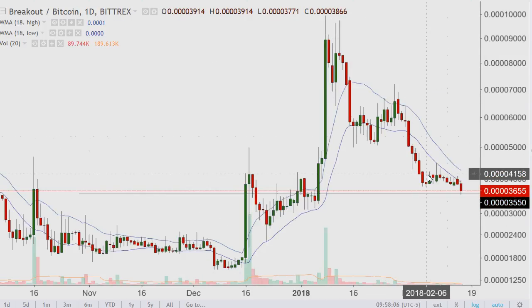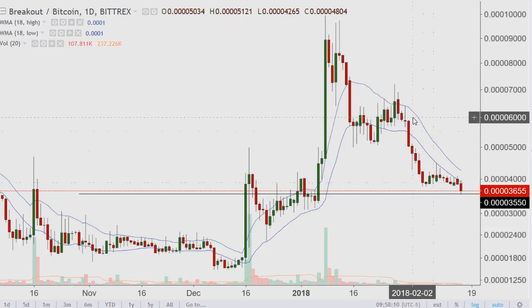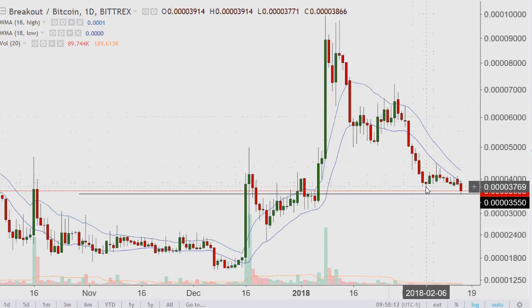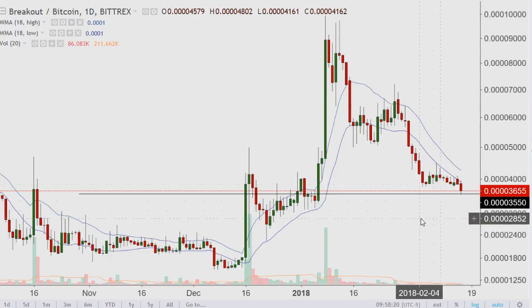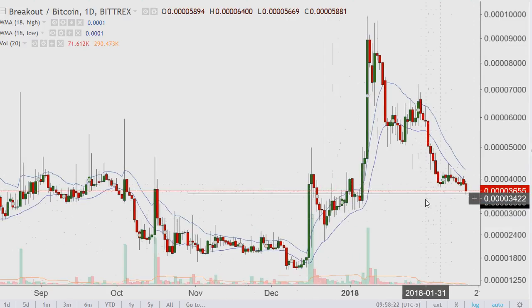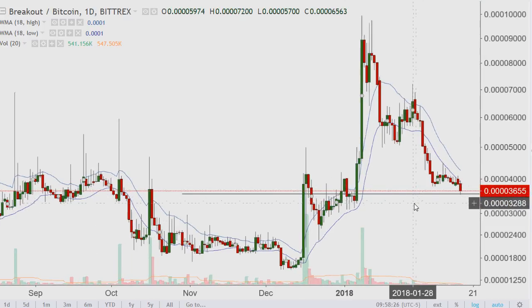Breakout coin, BRK. Here is the situation where after this leg lower, you have found support in that it stopped going lower. It didn't have much of a rally, but now it's starting to trend back lower and breaking down below here. Well, we could probably start to think about a move down lower with this.